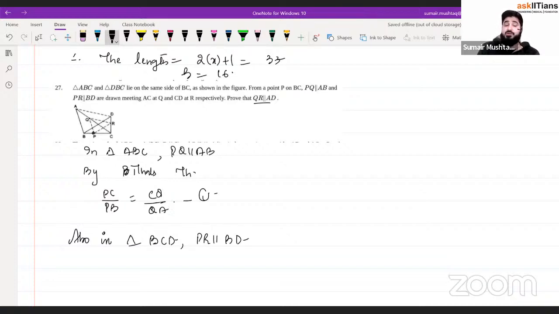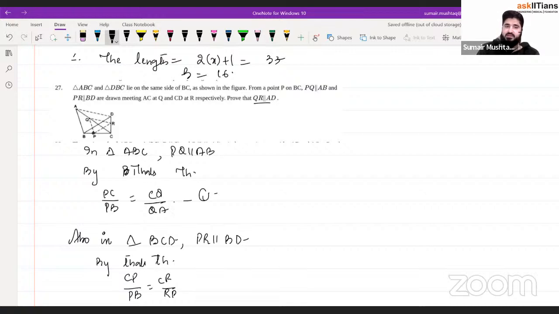So again, you can apply the basic proportionality theorem, that is by Thales theorem. Thales theorem, you can say CP over PB is equal to, yes, it is CR over RD. CR over RD. Fine. Okay.